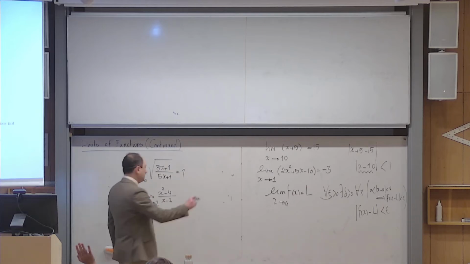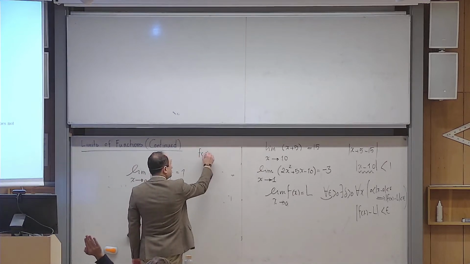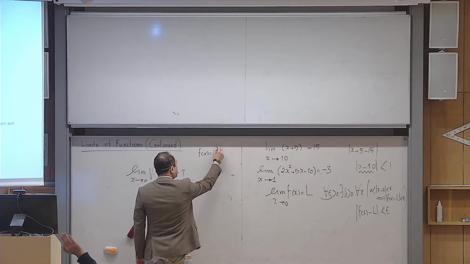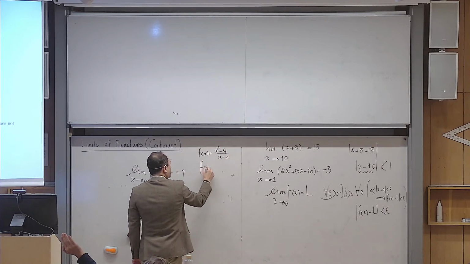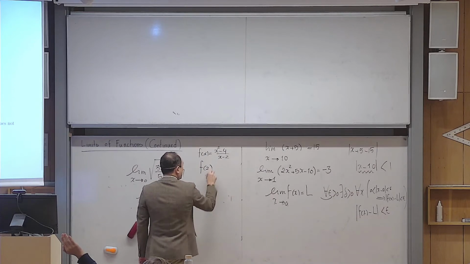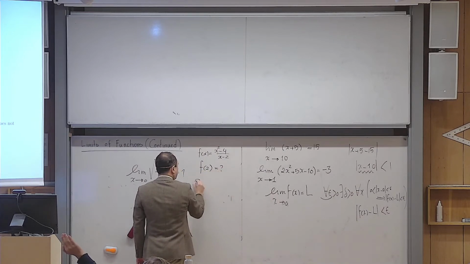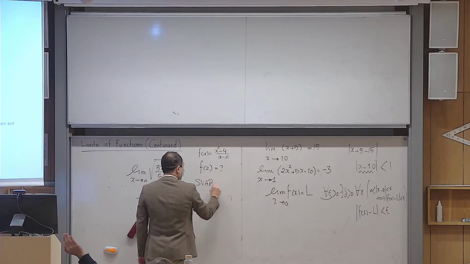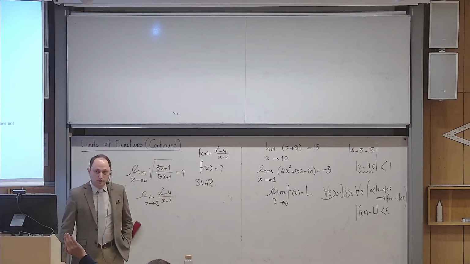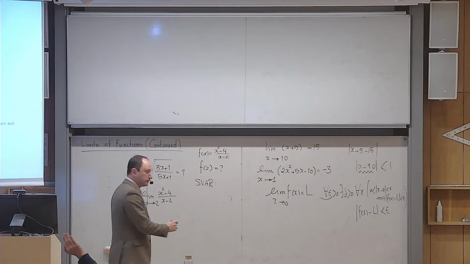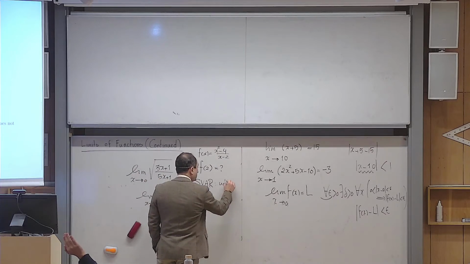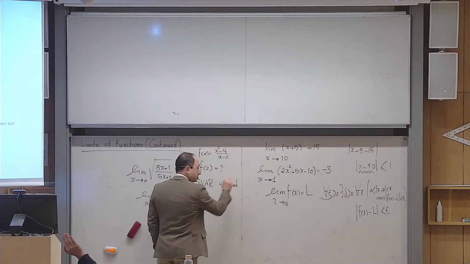Because, for example, I give you a function, I want you to understand. I give you this function, and I ask you to calculate f of 2. And then you are supposed to write something. So what do you write? It's undefined. No discussion, undefined. I want you to understand the difference.